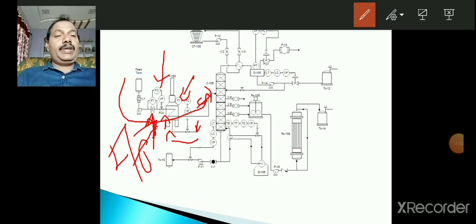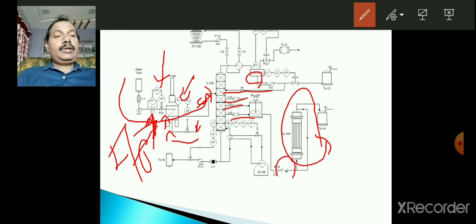Similarly, if you observe here, you see the different tap locations, pumps, and you have the condenser here, and you have the pump here, and this is the heater.